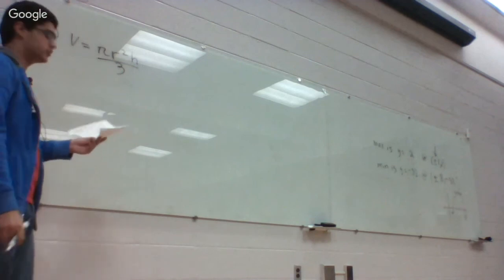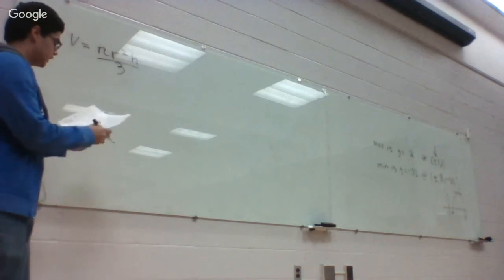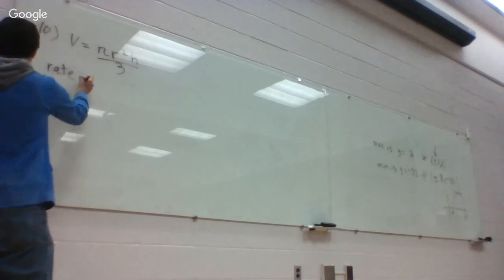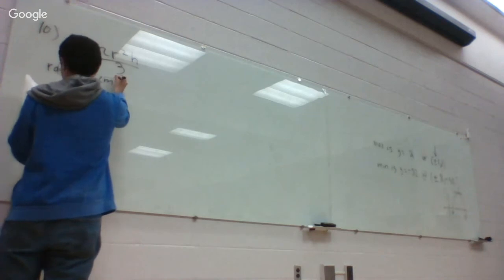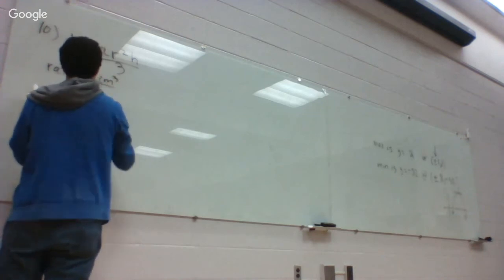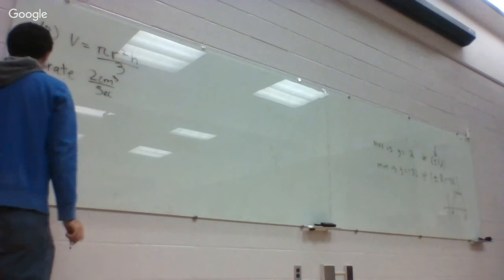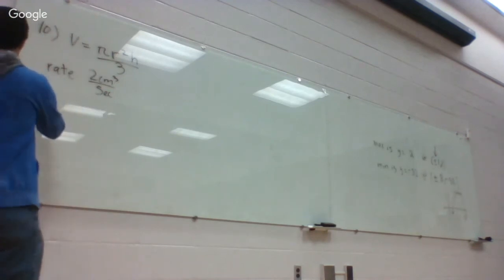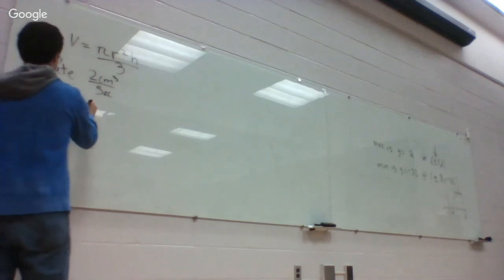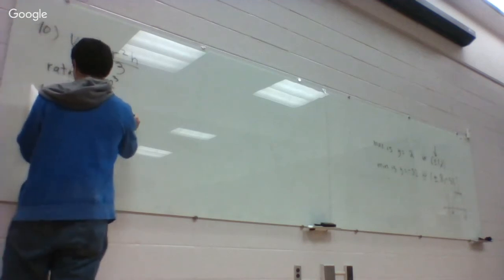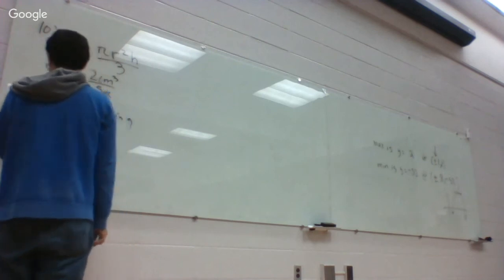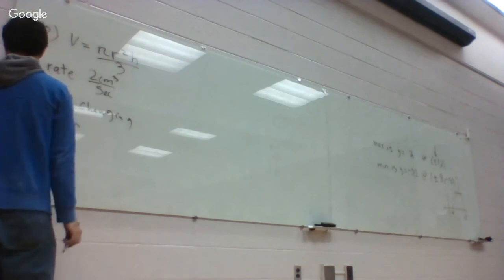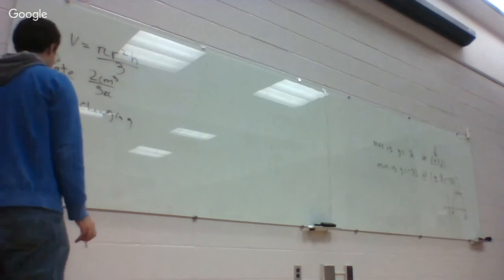That's the formula of a circular cone, and it's leaking at a rate of 2 centimeters cubed per second. Find the rate at which the level is changing when the water level is 6 centimeters above the bottom. Okay?